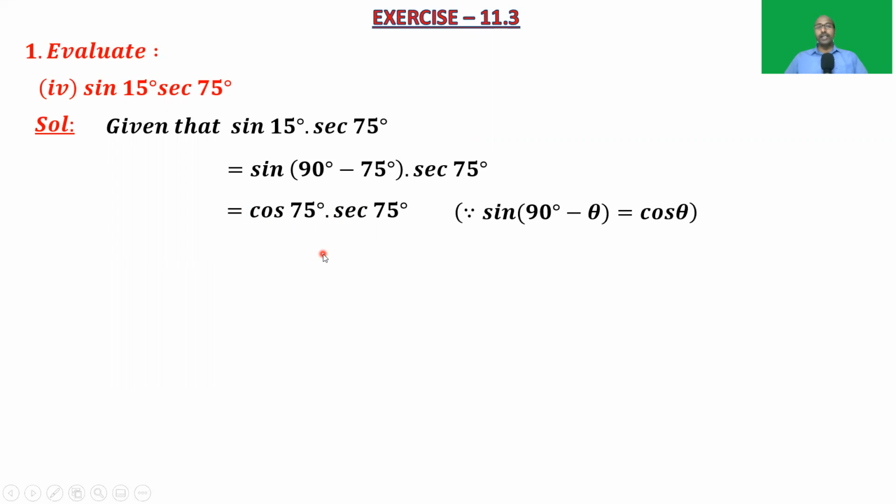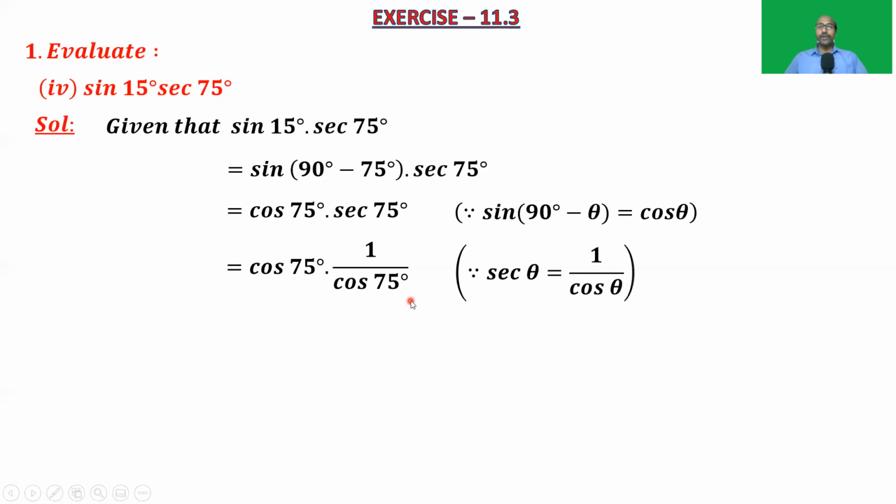That is, change sec 75 as 1 by cos 75, because sec theta is the multiplicative inverse of cos theta. Since sec theta is equal to 1 by cos theta, now cancelling cos 75 in these two, we get 1. So the answer is 1.